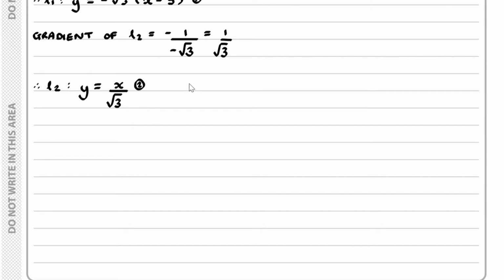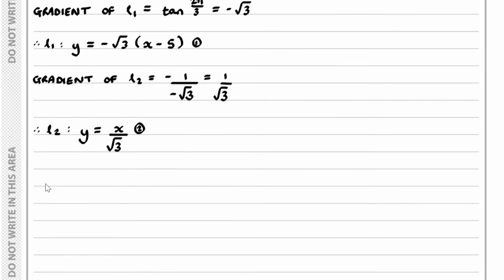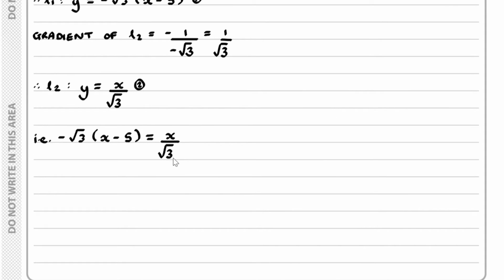So if we set equation 1 and 2 equal to each other, we have equation 1, which is minus root 3 times x minus 5, equal to x over the square root of 3. And if I multiply through by root 3, then negative root 3 times root 3, that's just negative 3.